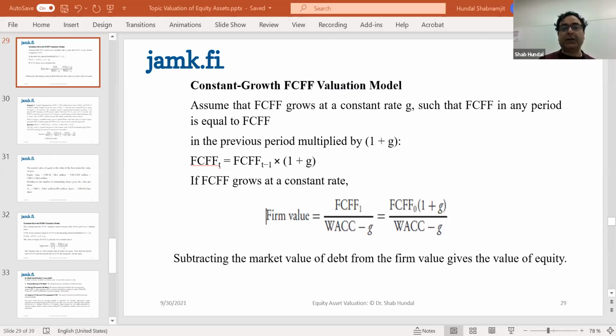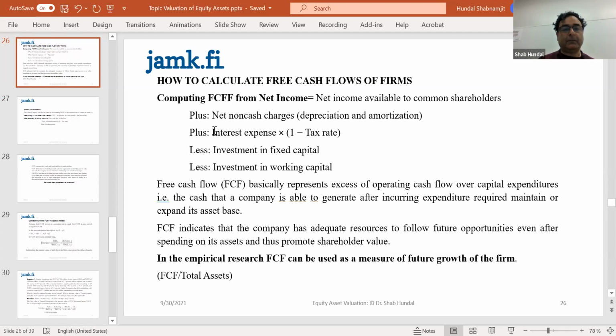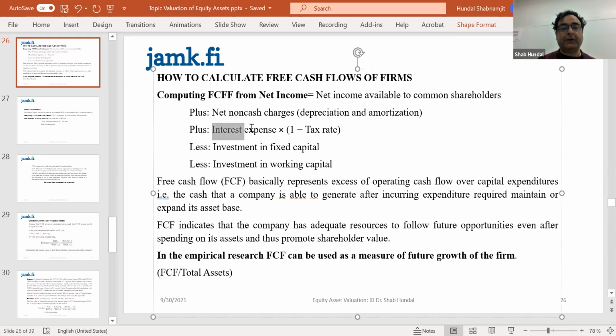When we are calculating free cash flow, we are adjusting for the interest expenses, the finance cost. Because the finance cost is included while calculating free cash flow, we cannot ignore debt when we are choosing the rate of discount.